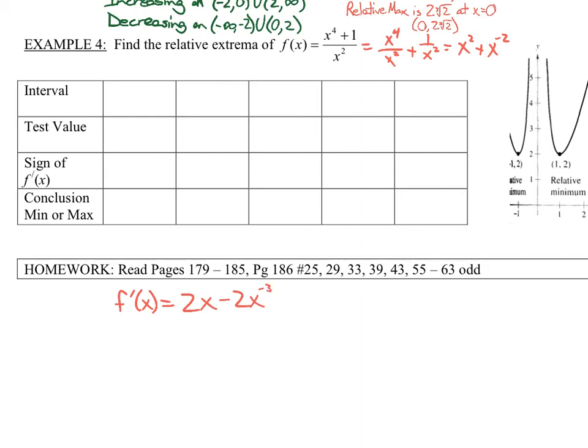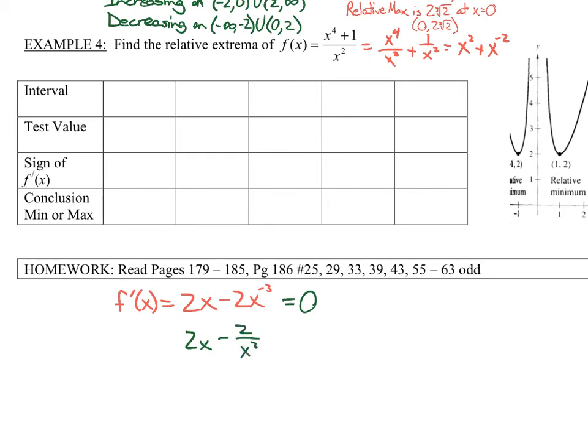Now, the trade-off is finding where this equals 0 or is undefined. Maybe a tad bit more complicated, but I still think it's worth it. Let's set this equal to 0. I've got 2x minus 2 over x cubed.